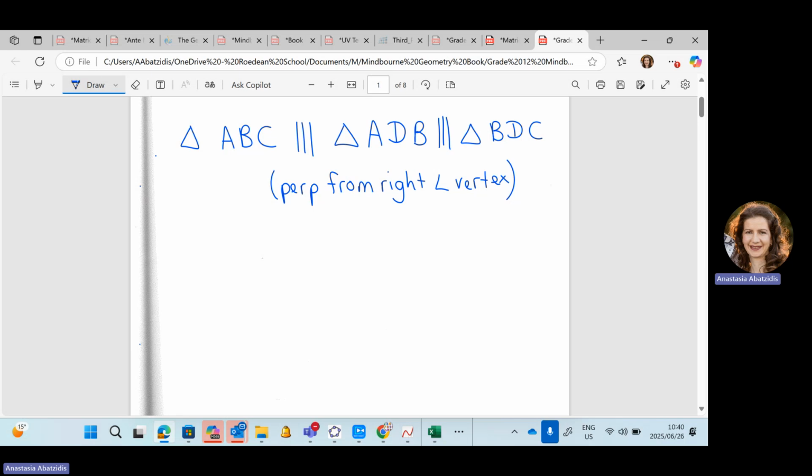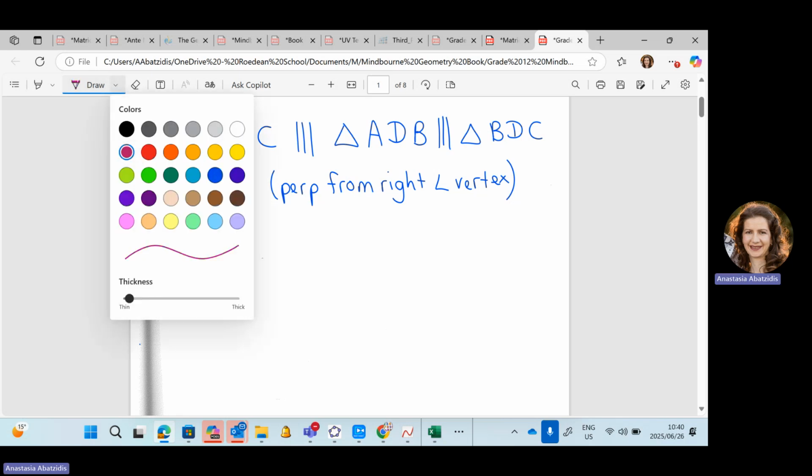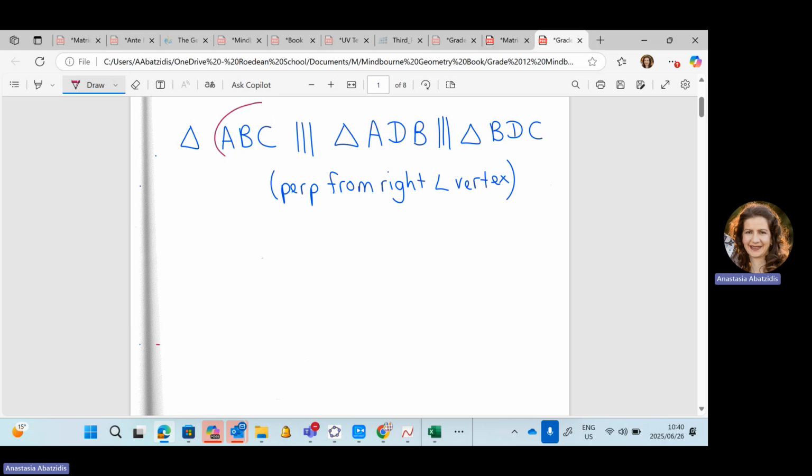Using sides in proportion in the first two triangles, these two. Write the sides in proportion for me, Jimmy. AD over AC equals AC over AB, equals BC over DB.